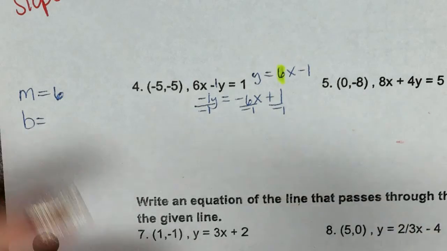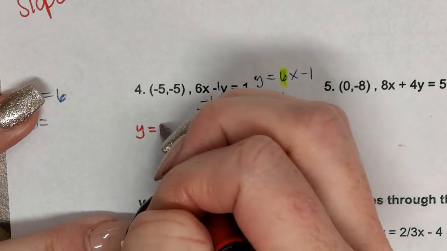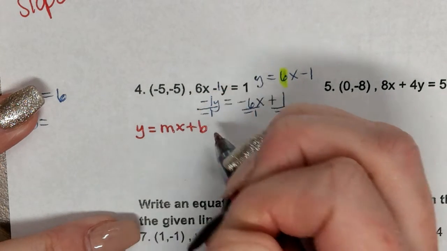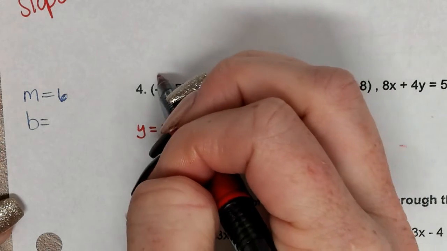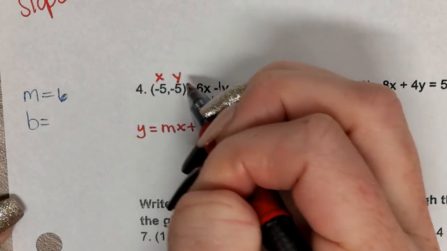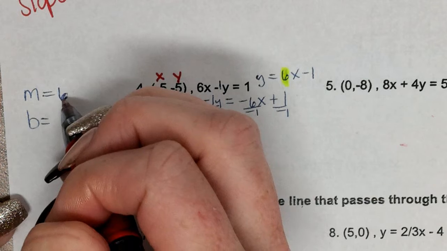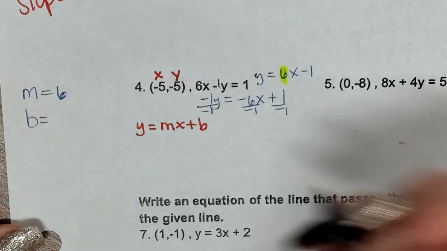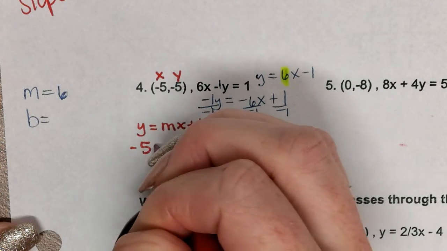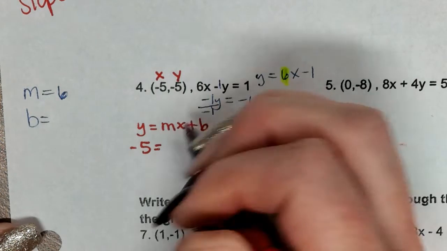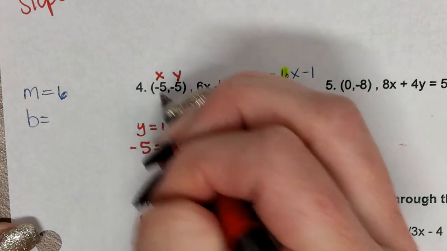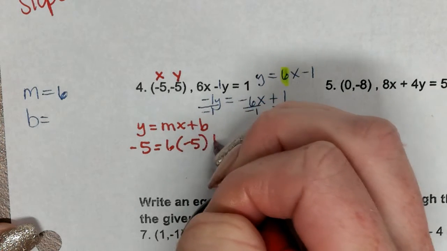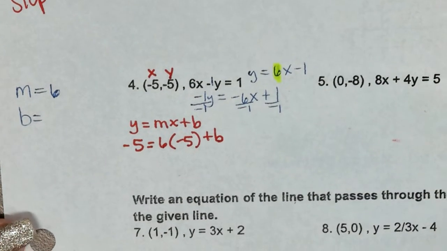So I'm going to write y equals mx plus b, and I'm going to plug in this for x, this for y, and the 6 for m. Yes? So I have negative 5 equals 6 times the x, which is negative 5, plus b.